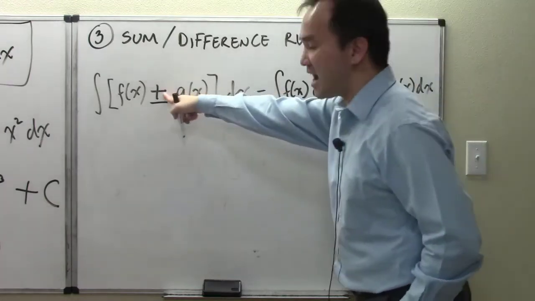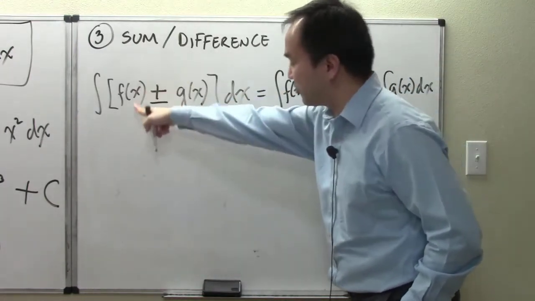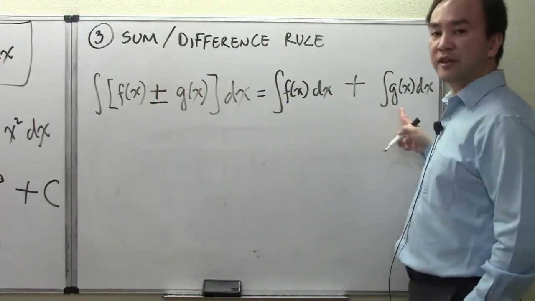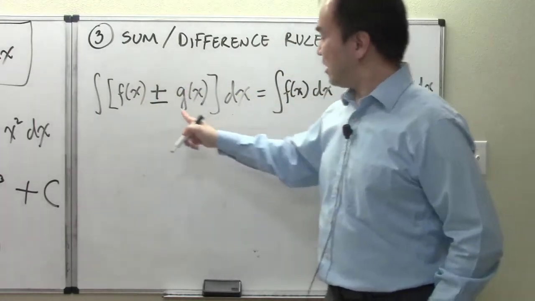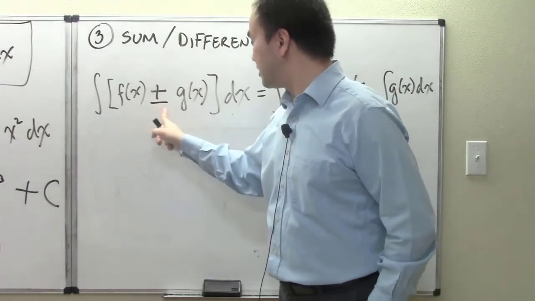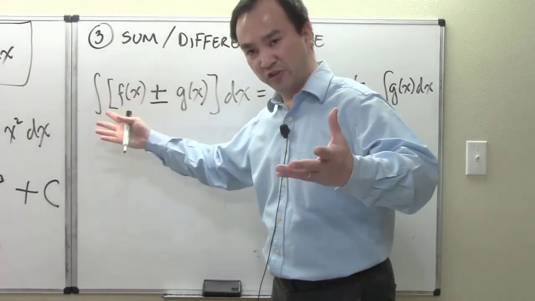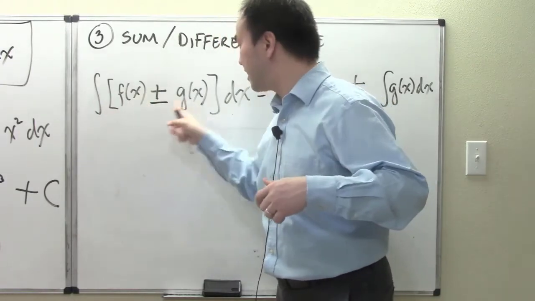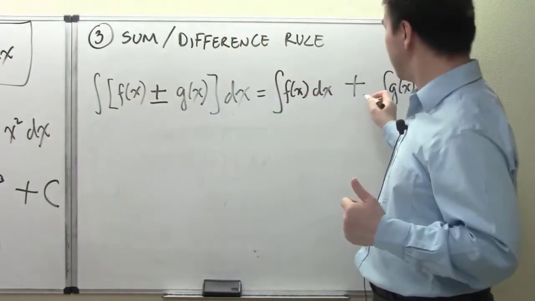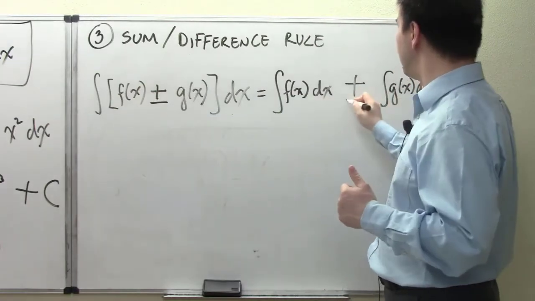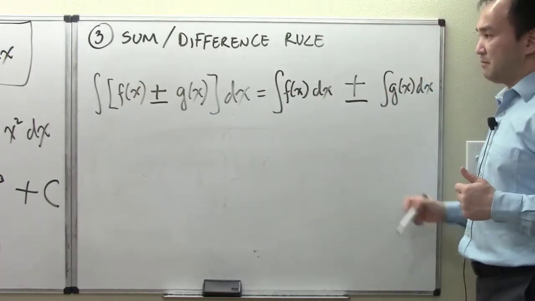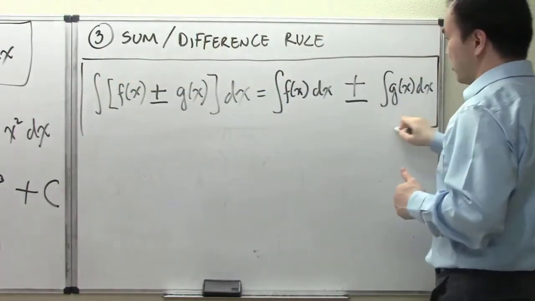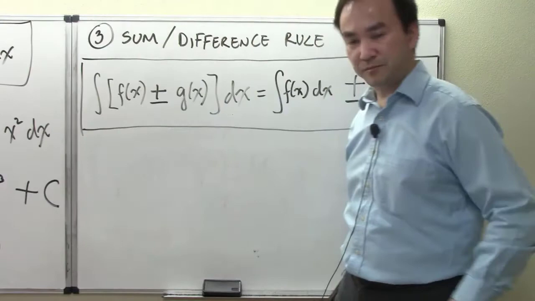On the other hand, if the two terms in our beginning function are connected by subtraction, or related as a difference, then their two antiderivatives need to be in a difference. So rule number 3 is the more generalized version, the so-called sum and difference rule.